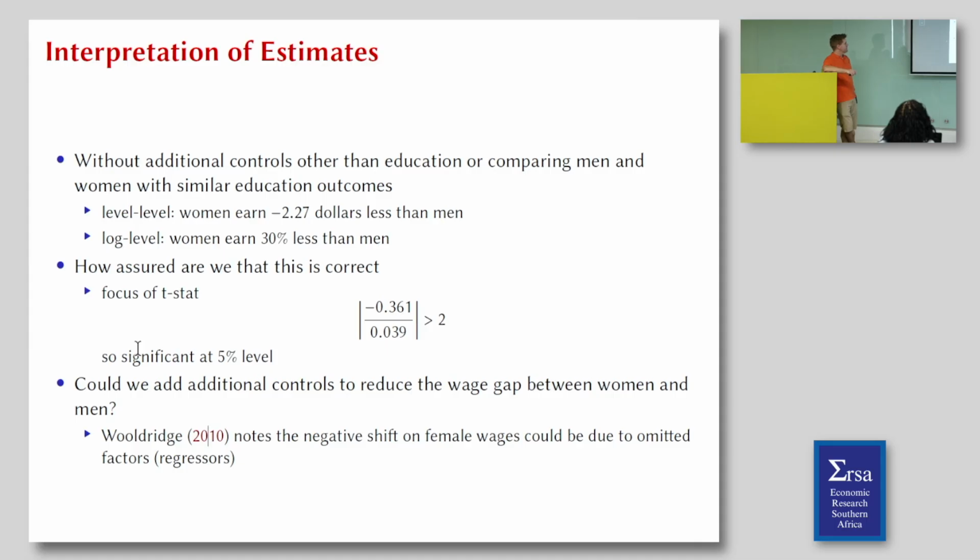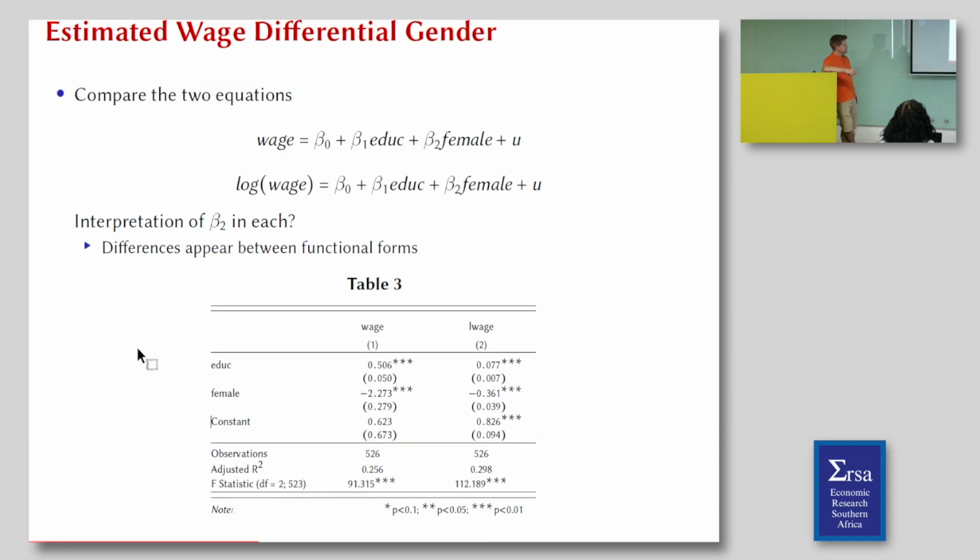Okay. Could we add additional controls to reduce the wage gap? In this case, let's focus on just the log wage, so we have one model here. For education, we're seeing an effect of about 7% for each additional grade level that you complete.